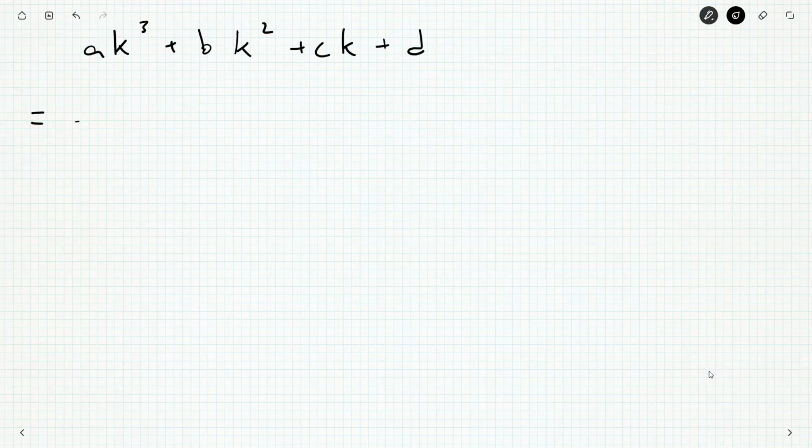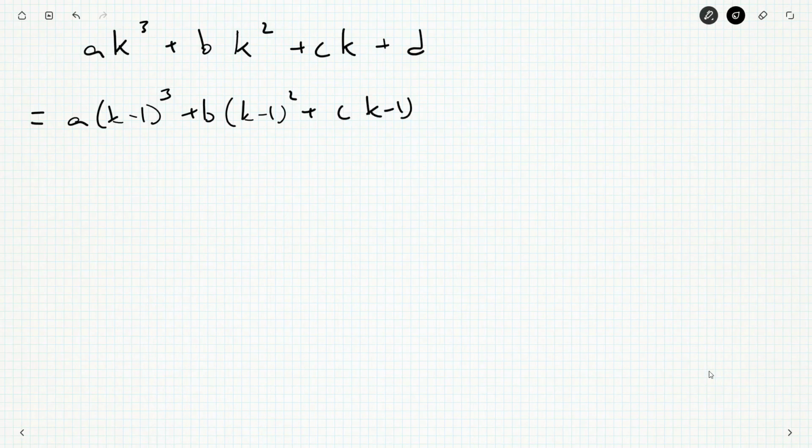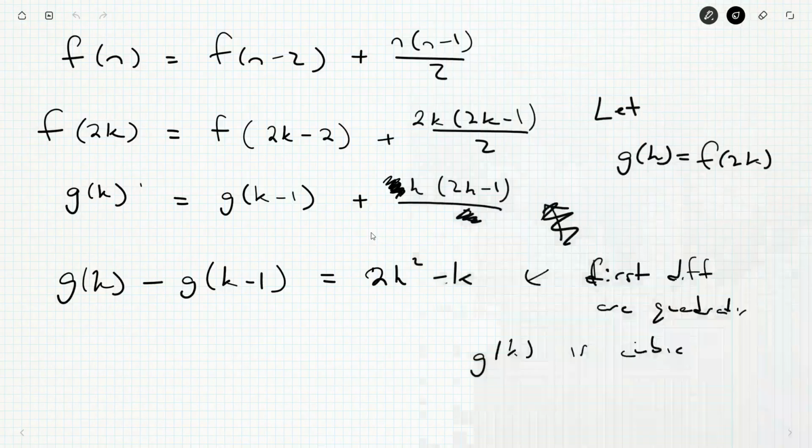So I want to write that. That's a(k minus 1) cubed plus b(k minus 1) squared plus c(k minus 1) plus d plus 2k squared minus k. Alright, that was the correct formula. Yeah, 2k squared minus k.